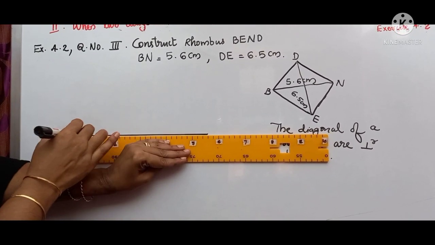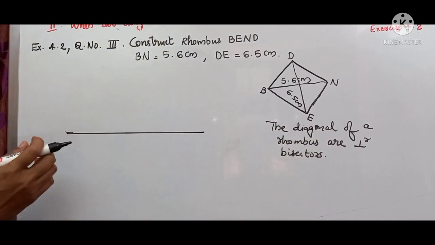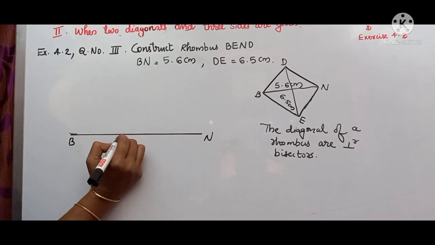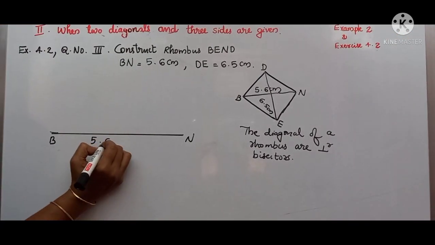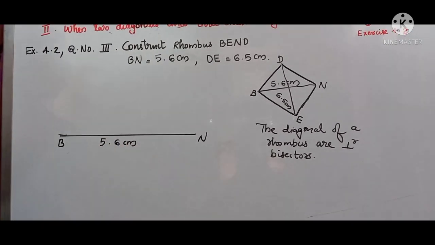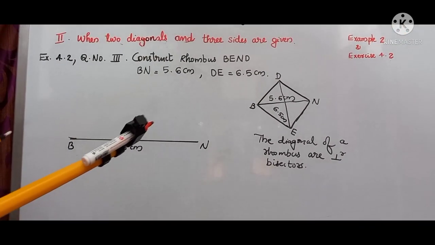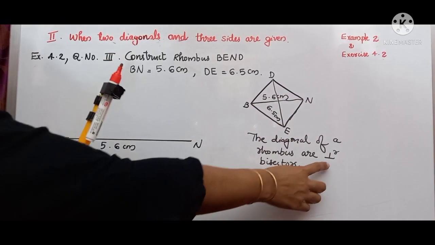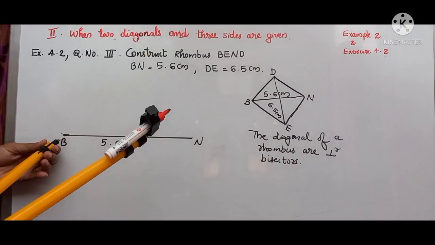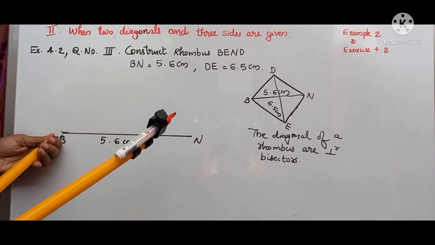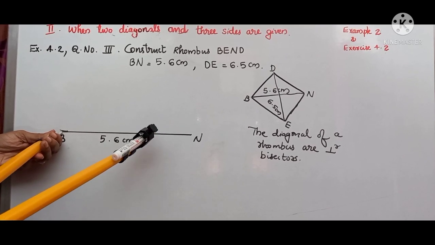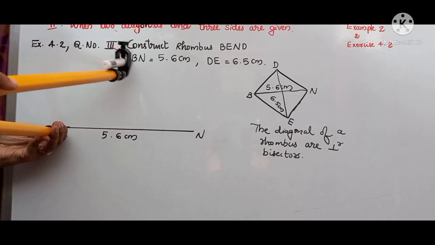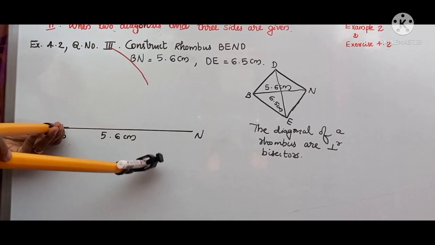So this is BN with 5.6 centimeter length. Then next we have to draw this ED, that is the perpendicular bisector. You know how to draw that perpendicular bisector, taking more than half of this line segment. I have taken more than half. Draw an arc up and down.